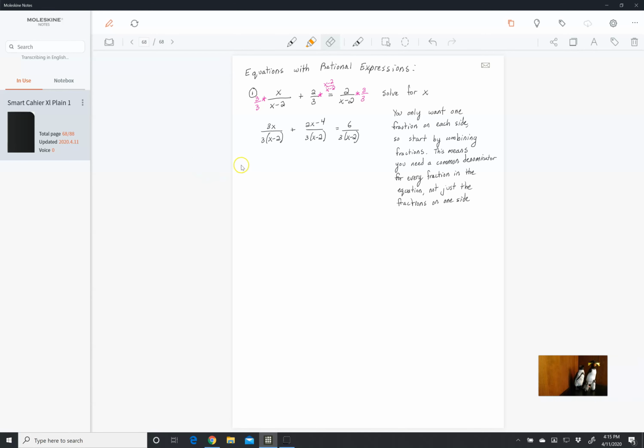So notice we have a common denominator for all 3, and in all 3 of them we have 3 times x minus 2. So the key here is don't forget to distribute the 2 up here. That has to get distributed. And now we can combine the two fractions. So 3x plus 2x minus 4 gives us 5x minus 4.